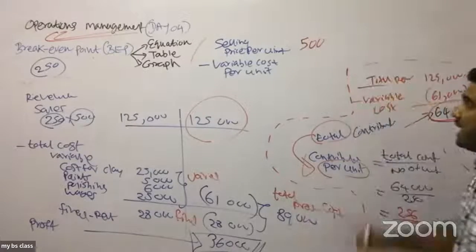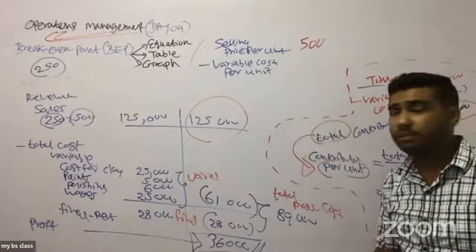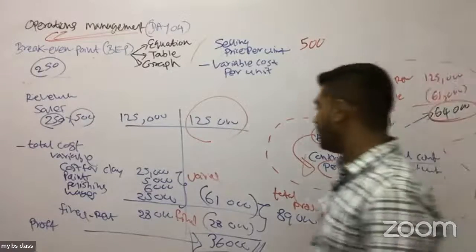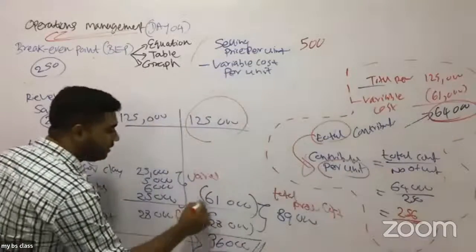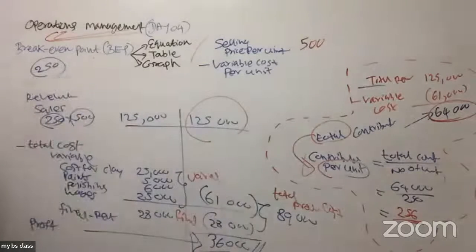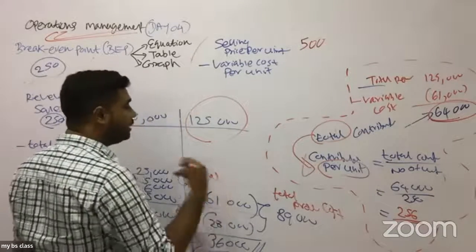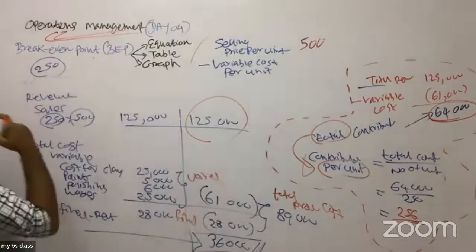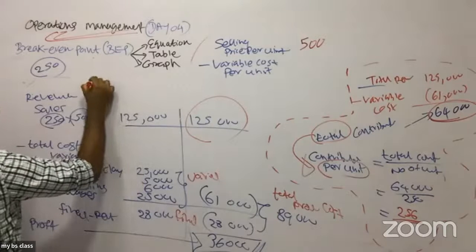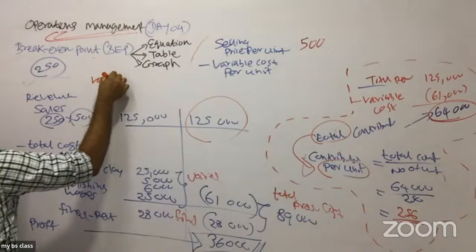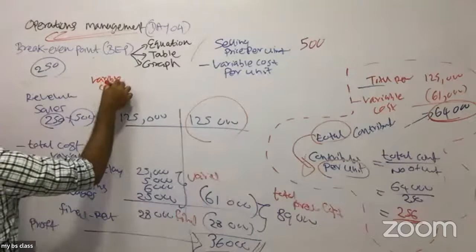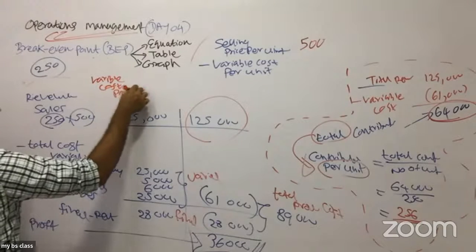And the variable cost per unit: here you are getting the total variable cost 61,000. So if I ask you how you can calculate the variable cost per unit, variable cost per unit equals what?